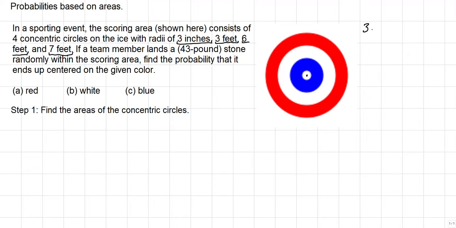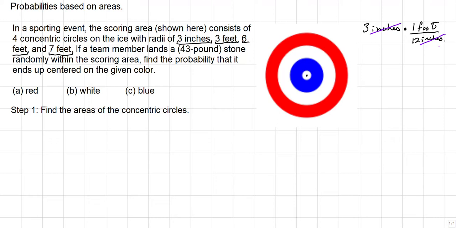So 3 inches is going to be the same as, and what we're going to do is, we know that there are 12 inches in a foot, so we're going to use our conversion factor, 1 foot over 12 inches. Notice that the units will divide out.